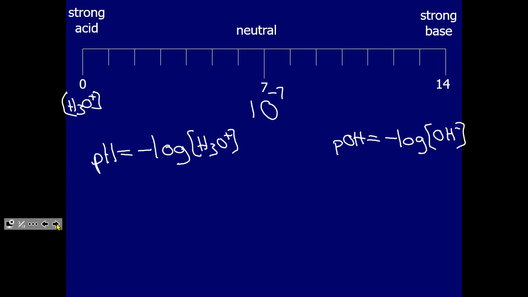Negative log of whatever it is we're talking about. Notice that this says just H, and that's because it's using the Arrhenius acid H+, but we do H3O+. Okay. If I know one, I can get the other through a simple equation of pH plus pOH equals 14.